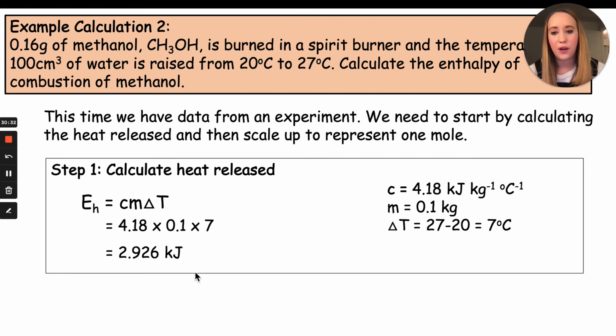As I was saying to you earlier, at Nat 5, this is where our calculation would have stopped. But for enthalpy of combustion, we know that we have to scale this up to represent 1 mole. So we're now going to follow the same kind of steps as we did in the first example. Now that we've got our value for the heat released, we're going to scale that up to represent 1 mole.